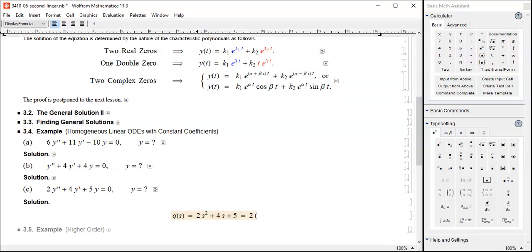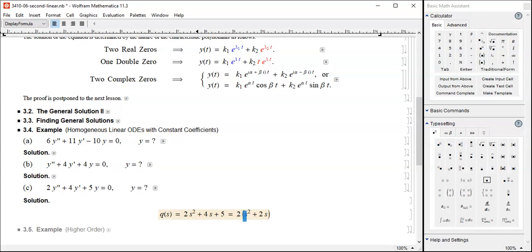You can complete the square like this, s squared plus 2s. That's it, isn't it? After factoring those, okay. All right.